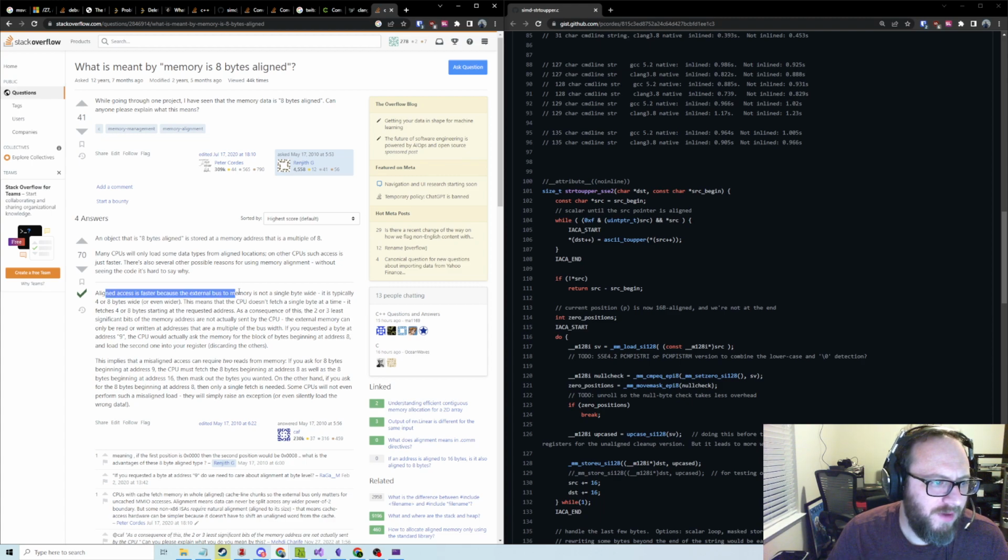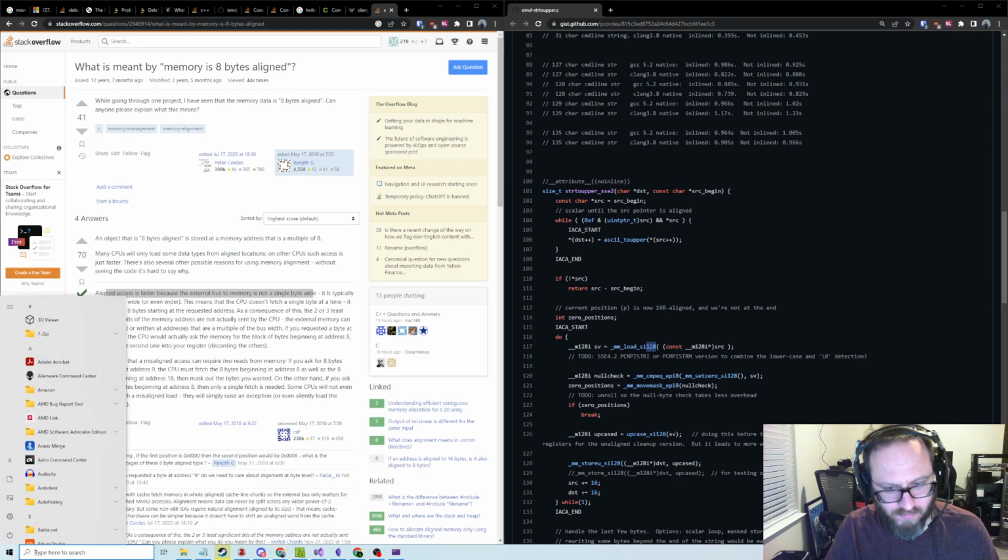Aligned is that faster because, I mean, for SIMD, the reason it would need to be 16 byte aligned is because I believe that's how it, a SIMD is 128 bytes, so, or 128 bits.